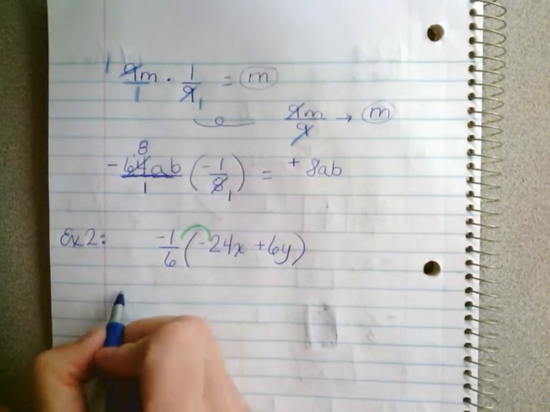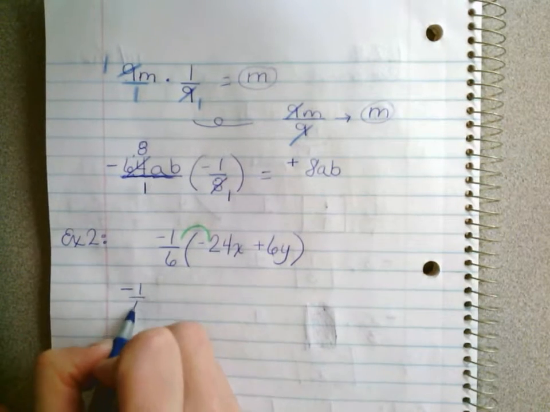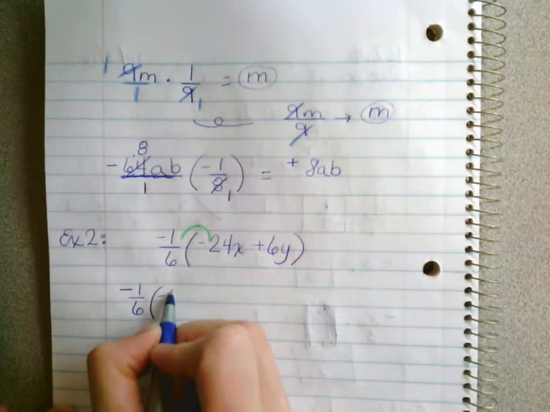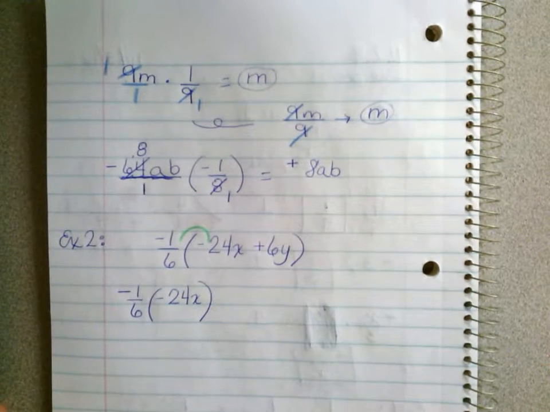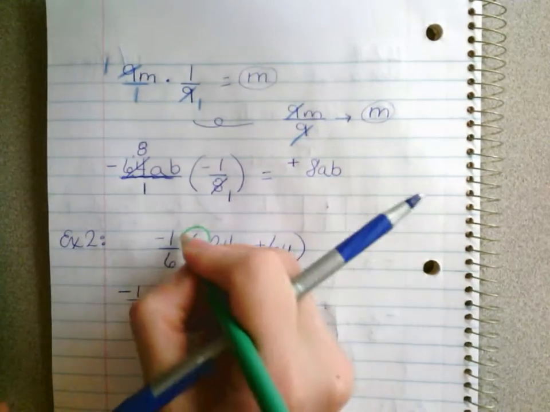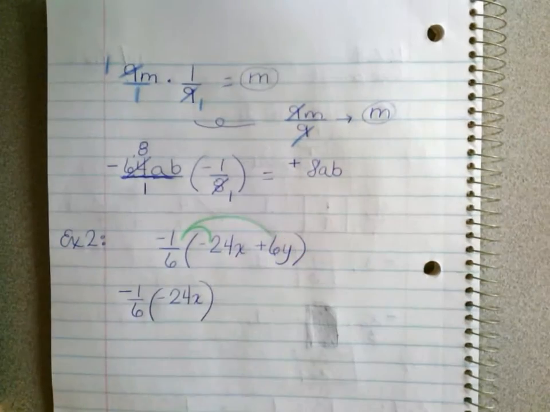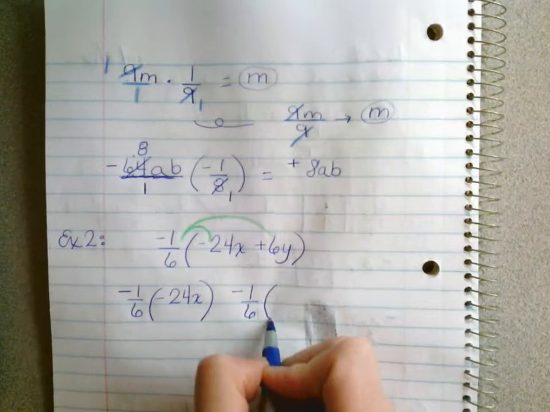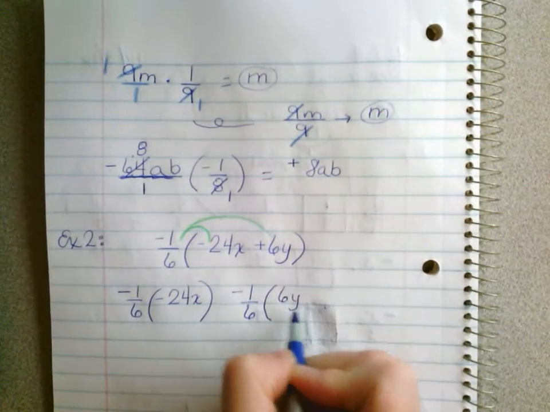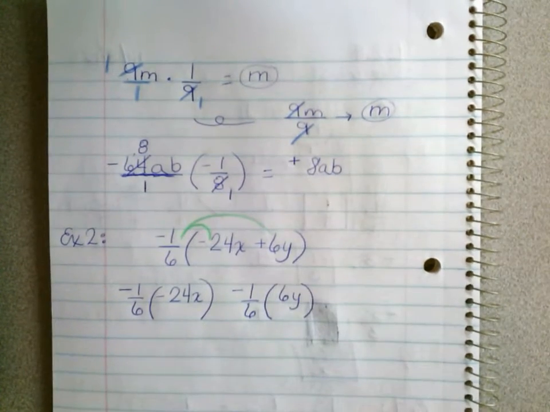So this first piece is negative 1/6 multiplied by negative 24x. Okay? The second piece is negative 1/6 multiplied by 6y. We're going to uncover the answer to each piece independently and then join it together so that it looks like an expression.